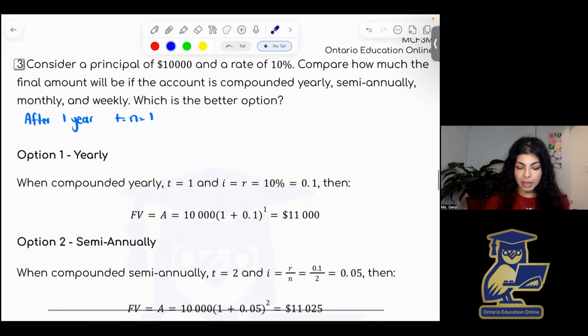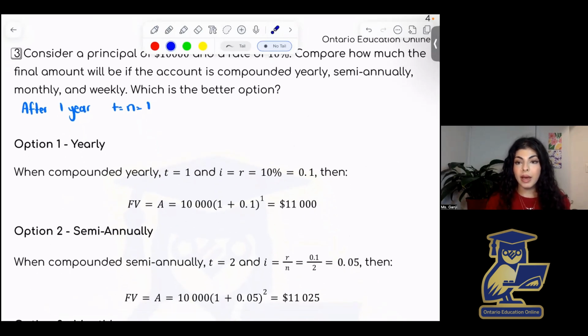Now, if it's semi-annually, that means every 6 months, then T or N is going to be 2, and the interest per period is going to be that rate divided by the number of periods, which in this case is 2. So 0.1 divided by 2 is going to give us 0.05, or 5%.